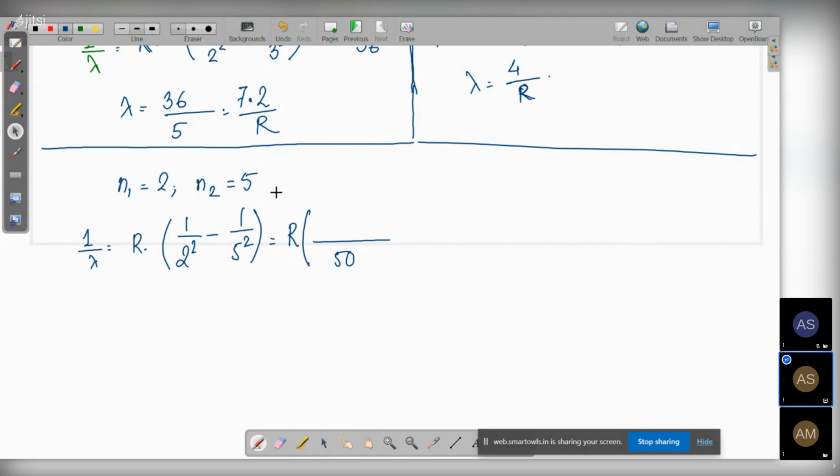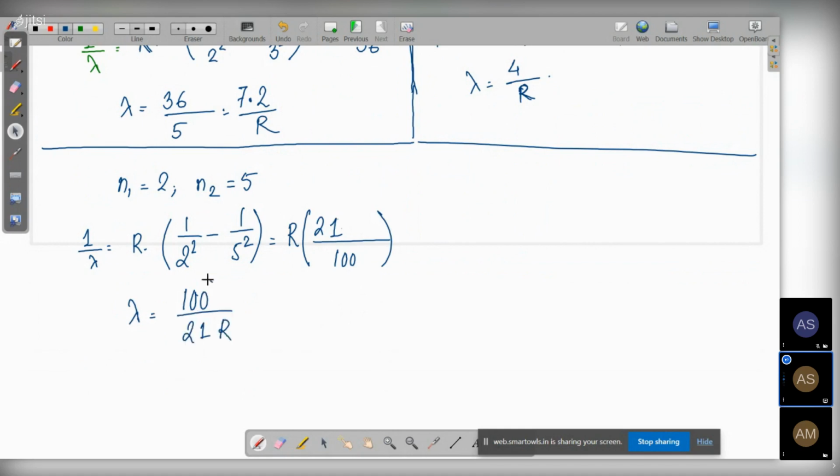The LCM is going to be 100. So 25 minus 4, that is equal to 21. So that means lambda equal to 100 by 21.